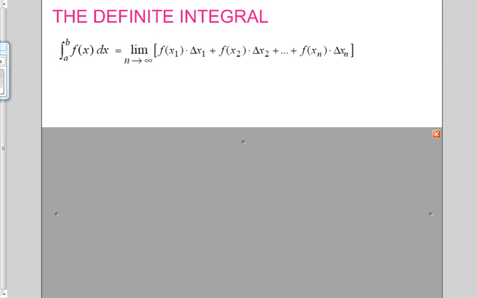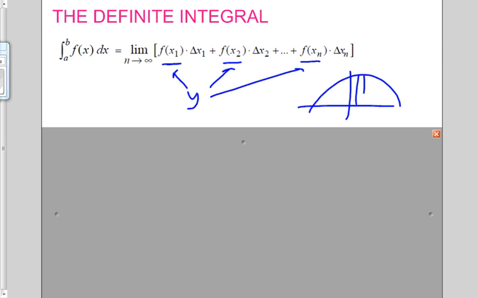So we have it right here. Same thing that we wrote. We've got our y values in blue, so these are my y values for some rectangle, and I'm multiplying it by the width of the base. These are my x values, so these are my delta x, and here is f of x.